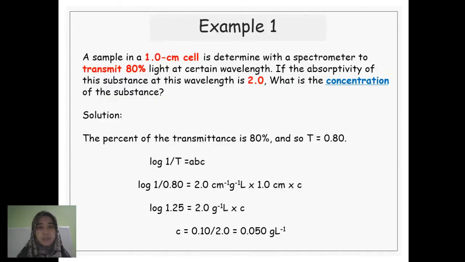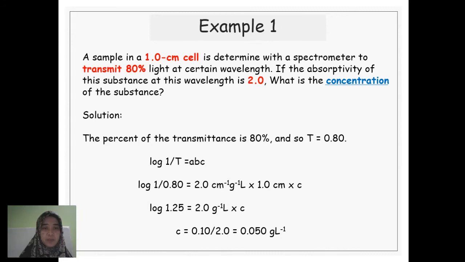As an example, let's have a look carefully. A sample in a 1 cm cell is determined with a spectrometer to transmit 80% of light at a certain wavelength. If the absorptivity of this substance at this wavelength is 2.0, what is the concentration of the substance?